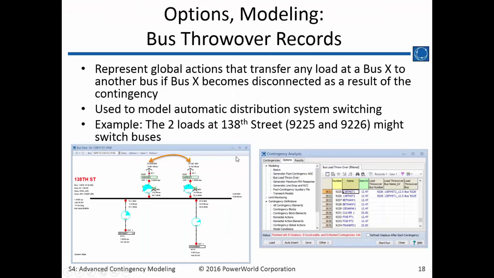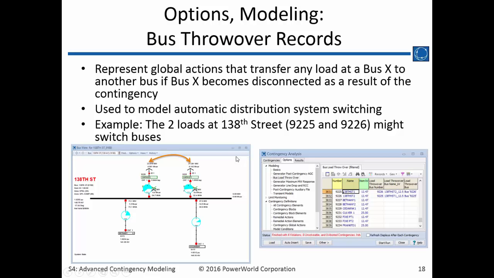So next we'll take a look at a feature called bus throwover records, and what this can do is model distribution actions in a power flow model, which typically doesn't have much, if any, detail of the distribution network.